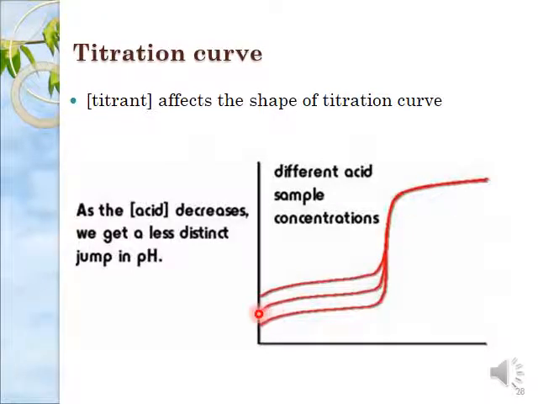You start at a higher pH because it becomes less acidic. If you dilute even further, the initial pH of course becomes higher, so you get a less distinct jump in the pH here. So that is the factor of concentration of the acid.